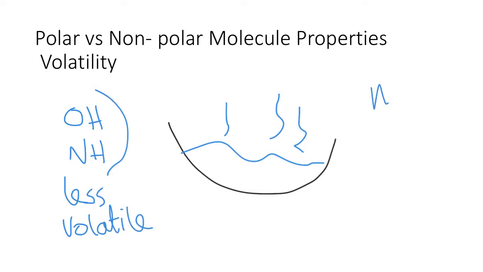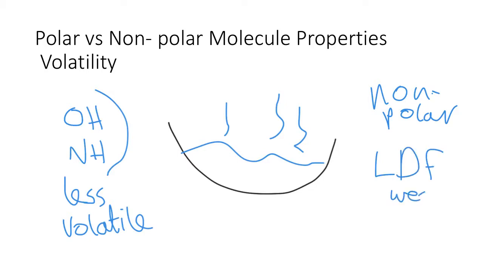Whereas if we have non-polar molecules, they'll only have weak London dispersion forces between the molecules, and so they are going to be a lot more volatile.